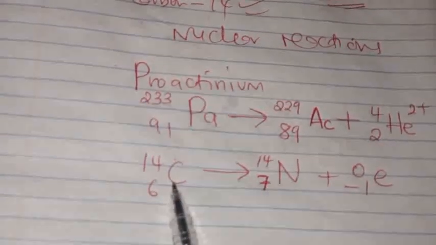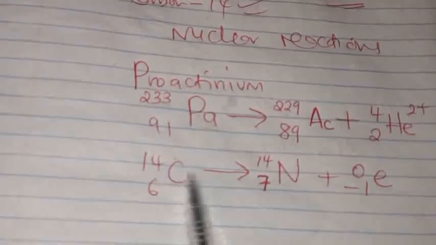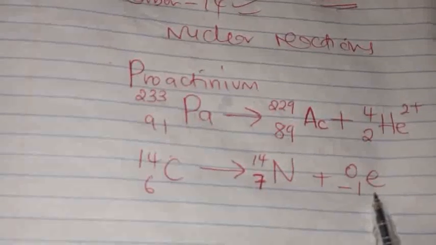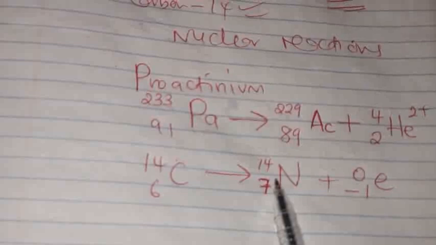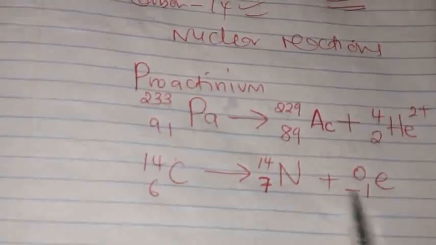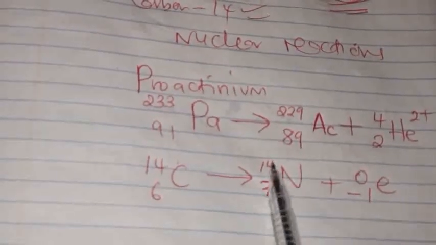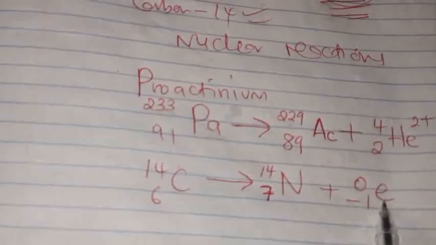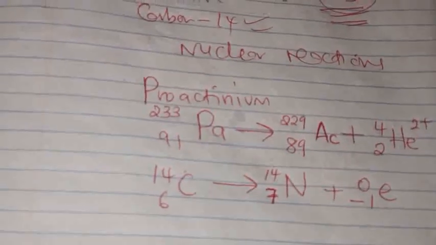So when radioactive carbon-14, with a mass number of 14 and atomic number 6, emits an electron or a beta particle, it forms a new nuclide, which is nitrogen, so that the mass numbers add up to 14 and the atomic numbers add up to 6. So nitrogen has atomic number 7 and mass number 14, formed when radioactive carbon-14 emits an electron. Correct.